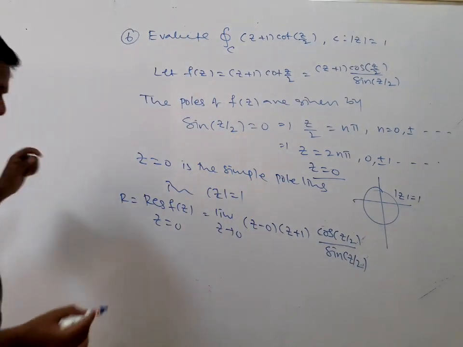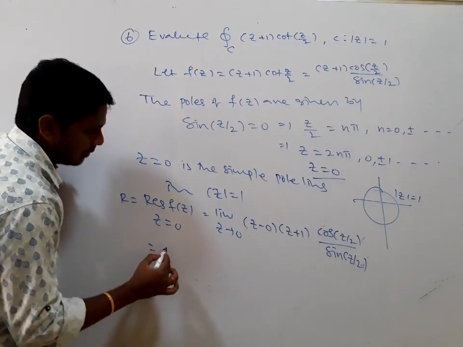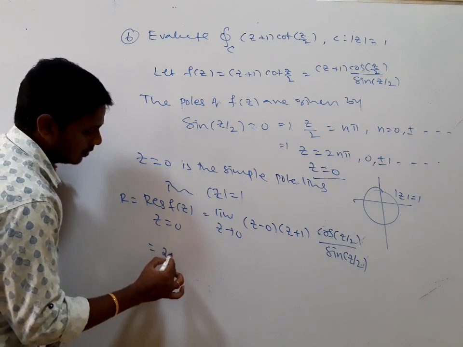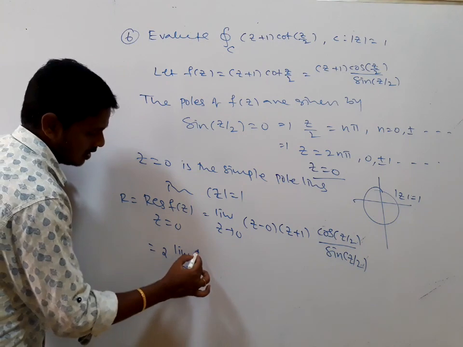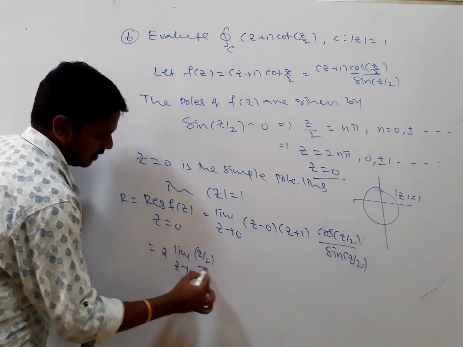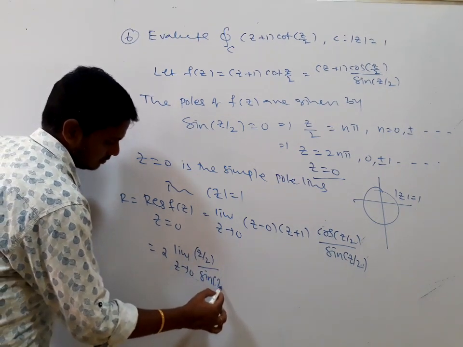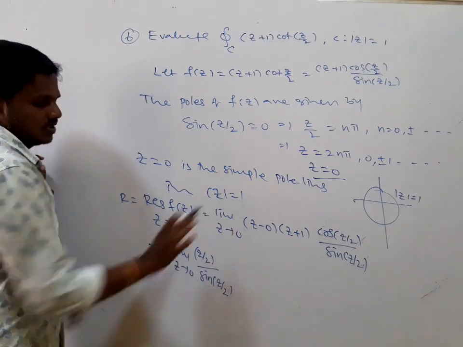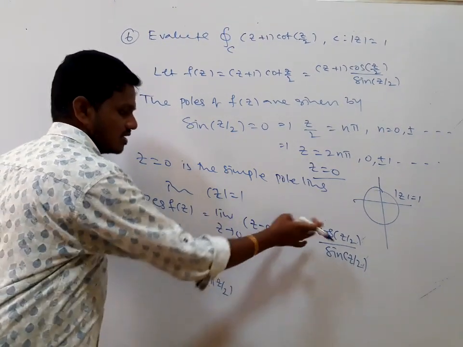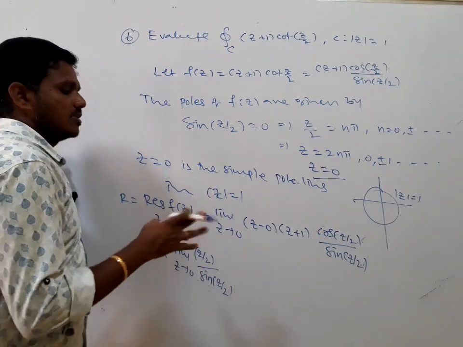Yes, this can be written as, I am multiplying with 2 and dividing with 2, limit z tends to 0, z by 2 divided by sin z by 2. Is it clear? Multiplying with 2, dividing with 2, the 2 gets cancelled, z we have. Three functions are there, so I am separating the limits.